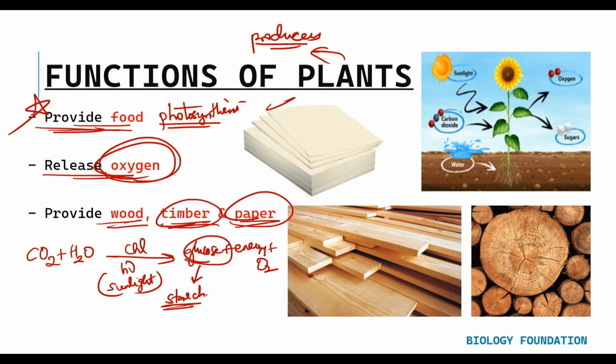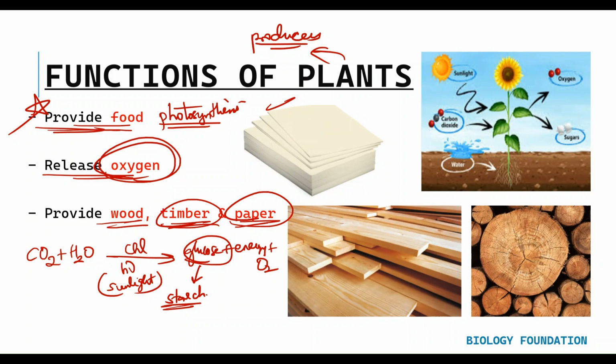And we use timber for constructing furniture, like chairs and tables, right? And paper is something which we use daily, even for textbooks, notebooks, for any rough thing we use paper, right?